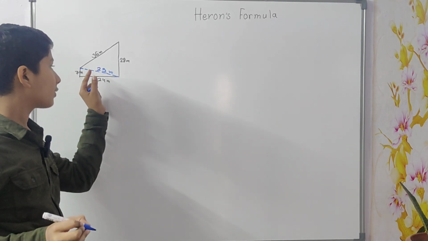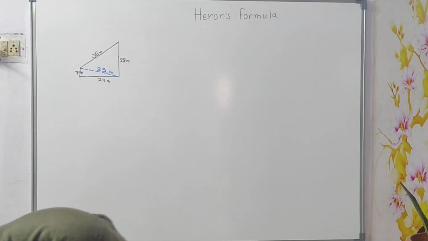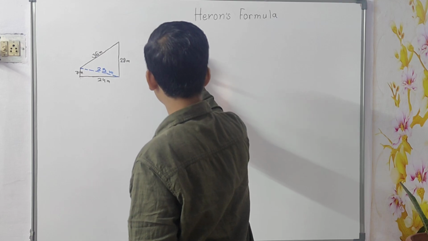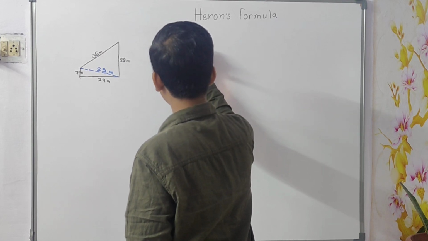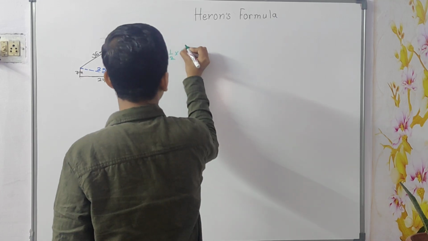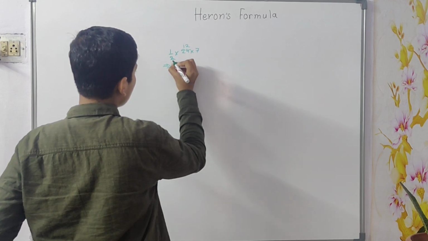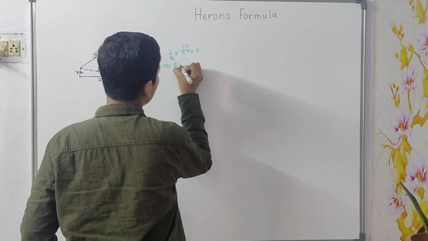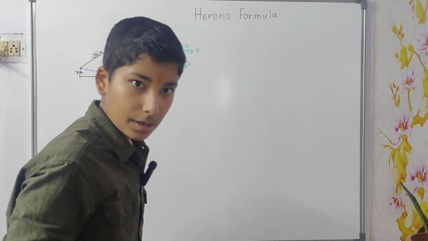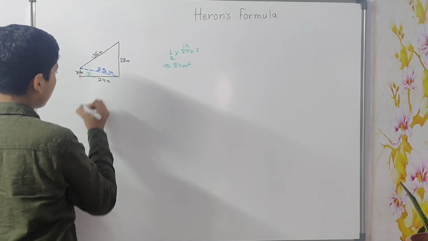Now again do the same steps. Half into 24 into 7, which is 12 into 7. 12 sevens are 84 meter square. Our area of figure 1 is 84 meter square.